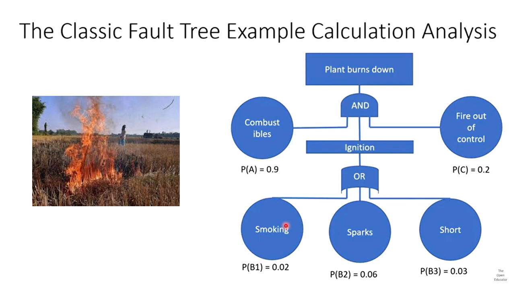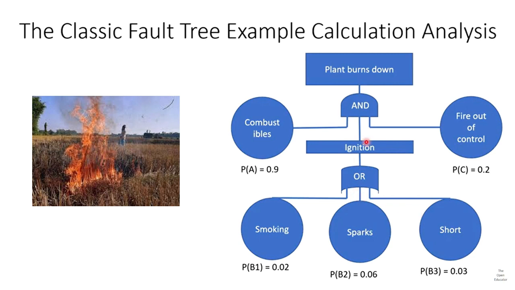So when we say union, either of these events might happen. Unlike here, for the AND, it is the intersection, so it means that you need to satisfy all of the conditions. Okay, for the OR, we have the smoking, that might cause the ignition. Maybe sparks that might cause the ignition, and also the short circuit may cause the ignition.